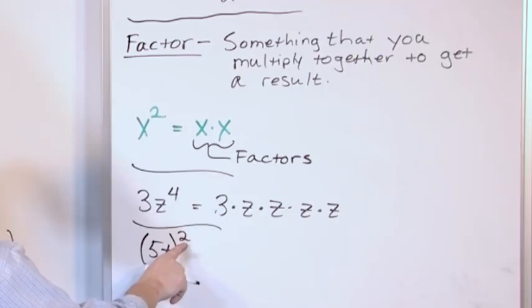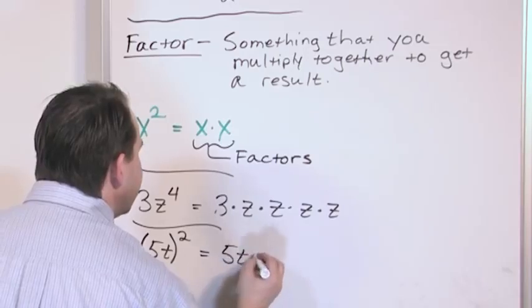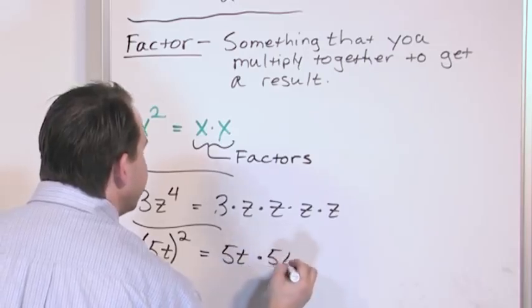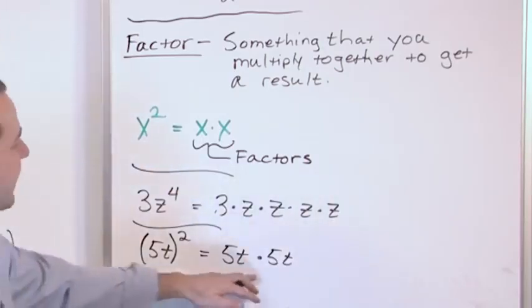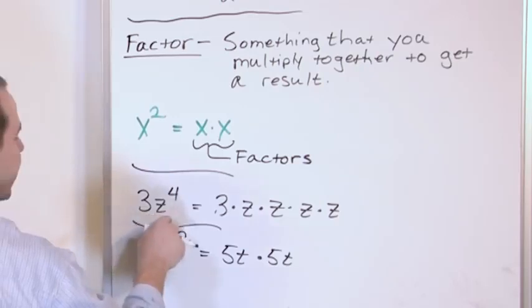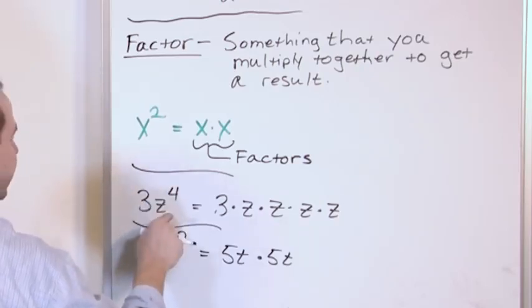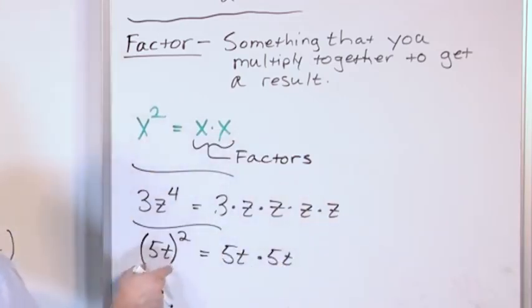This means that this exponent applies to everything in here. So it would be 5t times 5t. So 5 times t times 5 times t, basically. And these are the factors. These are the things that are multiplied together to give you that. Notice that that's a little different than above. Here we didn't have any parentheses, so the exponent only applied to the z. But here the parentheses are forcing the exponent to apply to everything inside, and that's another reason why parentheses are so useful.